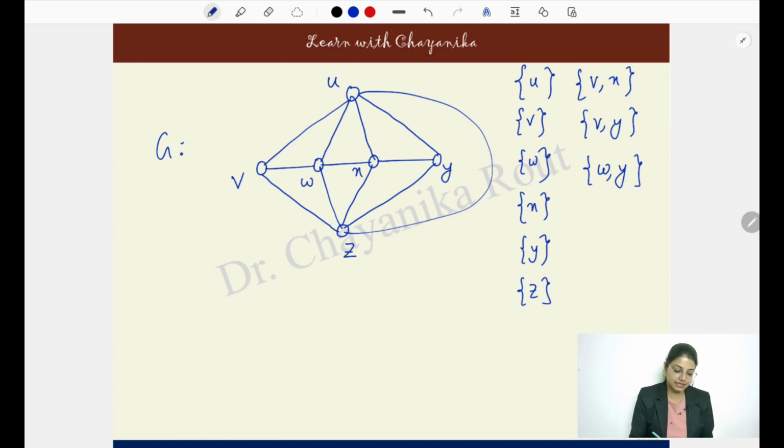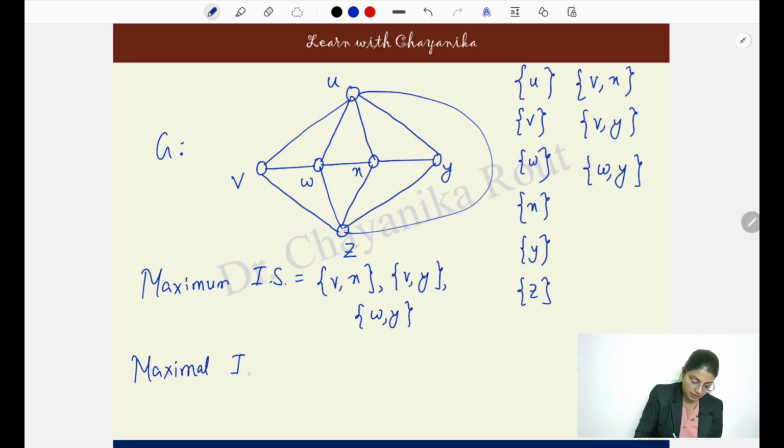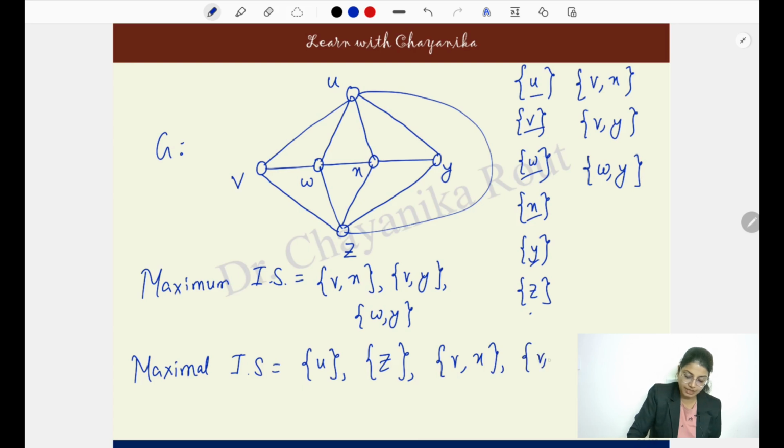These are all the independent sets, of which the maximum independent sets are those with the largest cardinality, that is VX, VY and WY. And maximal independent sets are those which have saturated. U is not extended any further, so U is maximal. V is extended, W is extended, X is extended, Y is extended, Z is again not extended, so Z is maximal. And all the maximum are definitely maximal.